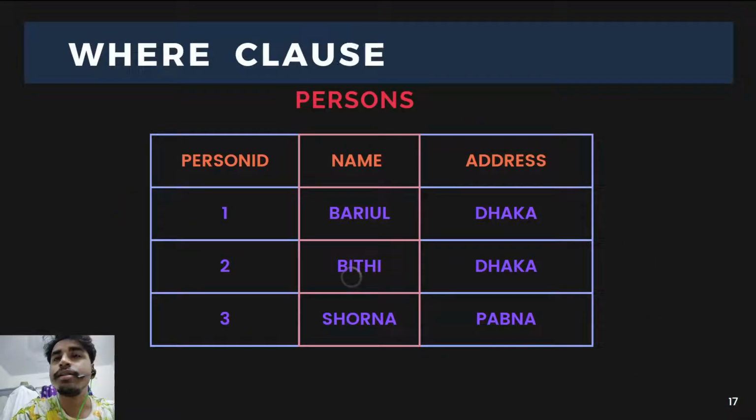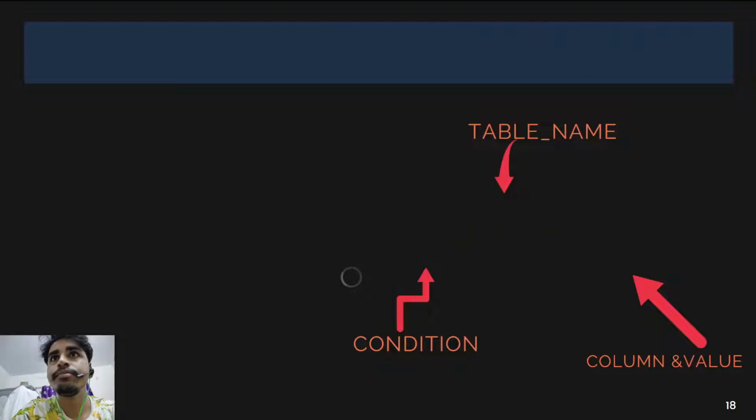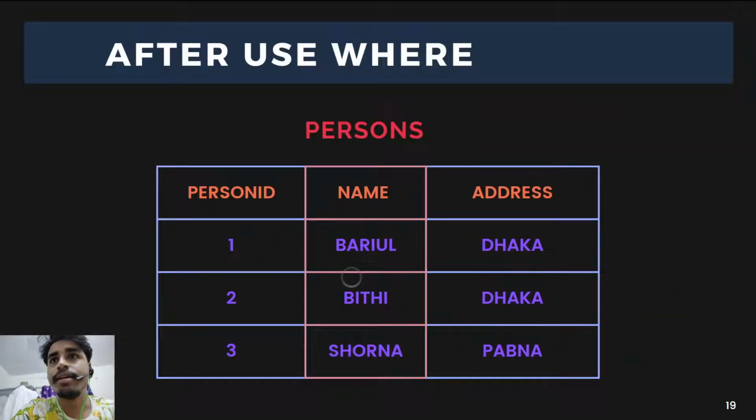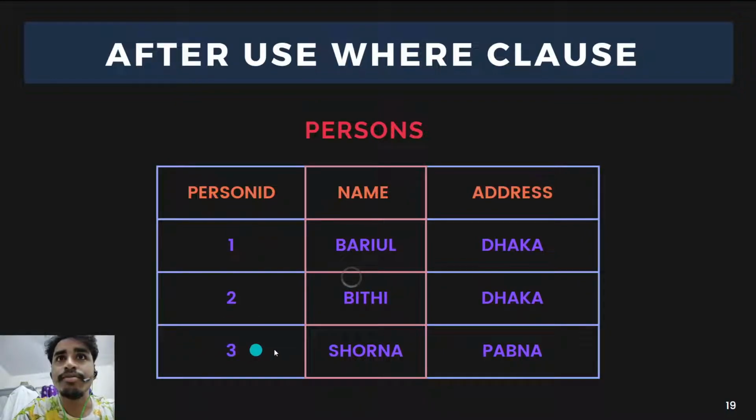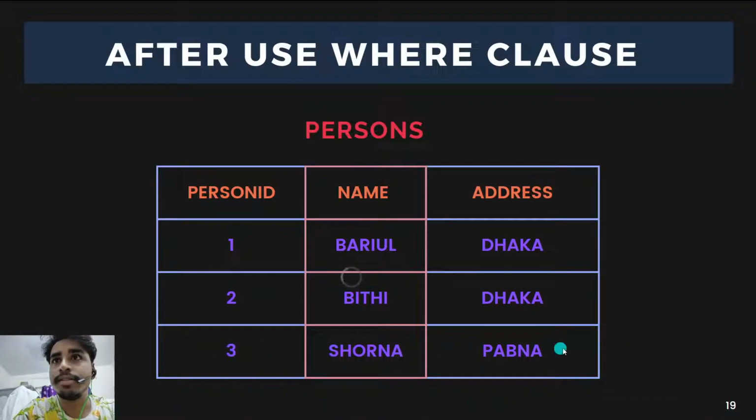If we go to the previous table, we can see who is living in Dhaka city: person id 1 and person id 2. Okay, let's see the output. Here we can see the output person id 1, person id 2, but why is it showing person id 3? It won't be shown. Sorry for that. Please ignore person id 3.